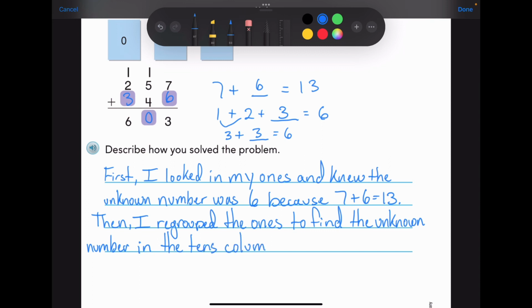And you can pause this if I'm going too fast. So I'm just saying, then I regroup the ones to find the unknown number in the tens column. So now I'm talking about the tens column. After talking about the tens column, I'm going to say, lastly, I regrouped the tens to add the hundreds.